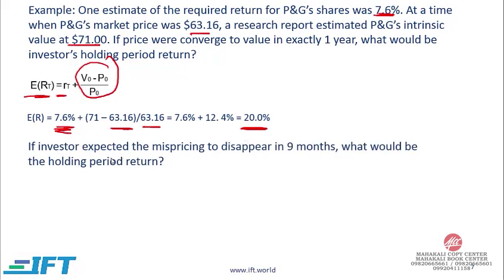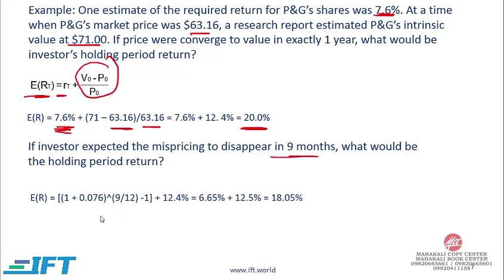If the investor expects the mispricing to disappear in 9 months, what is the holding period return? Here, what we do is take the annual required return, 1.076, and then raise to the power of 9 over 12, because 7.6 is an annualized number. So we need to de-annualize this by raising it to the power of 9 over 12.